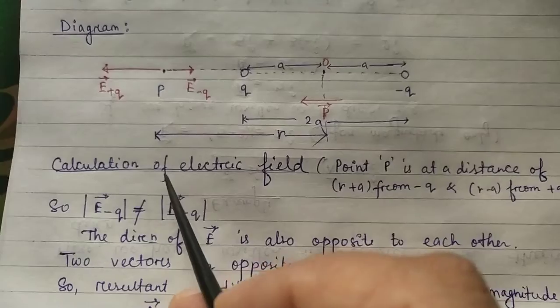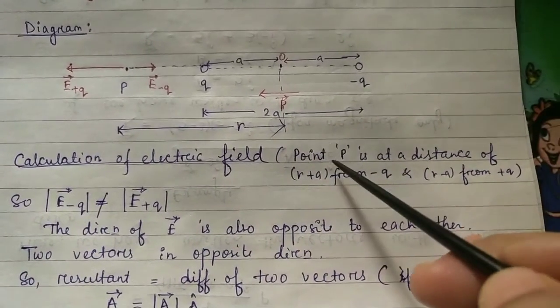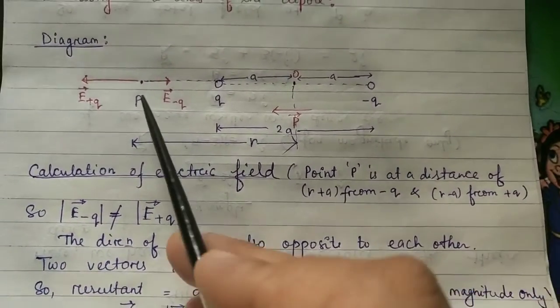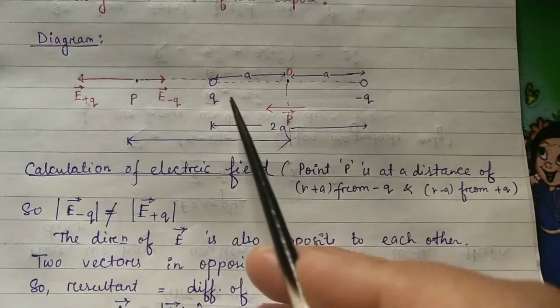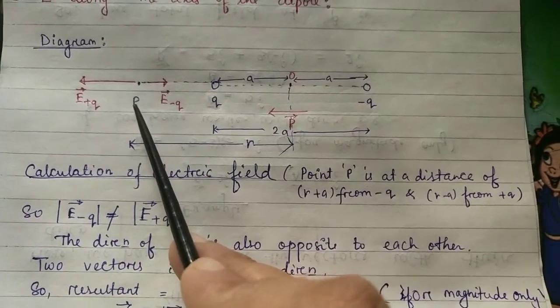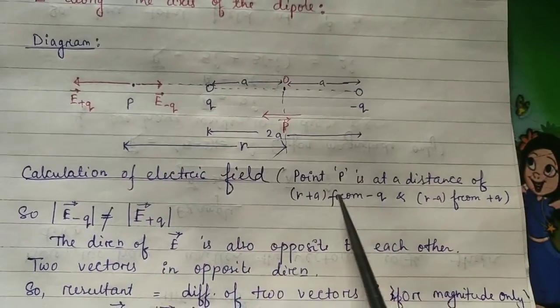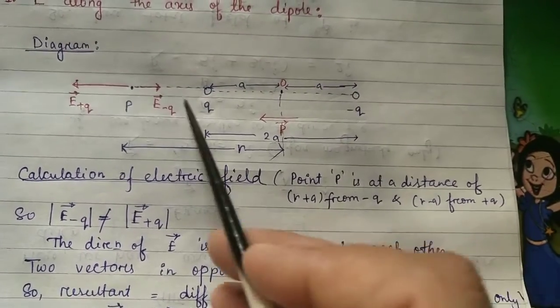Okay, so second step, we'll go for the distance of P from the two charges, which I have already mentioned. Point P is at a distance from the charge I have written first, minus q, from the charge minus q.